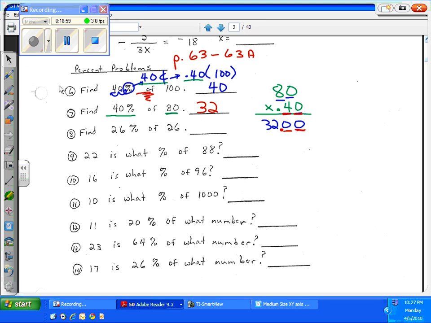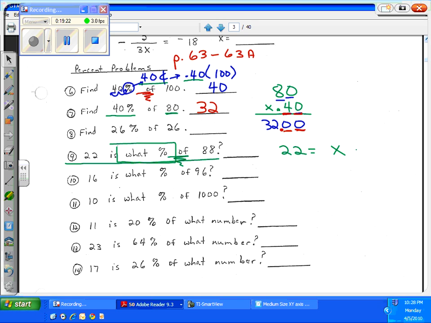22 is what percent of 88? Now, if we do this as an algebraic equation, then is means equal, so we would have 22 equal, what percent we would have to call x?